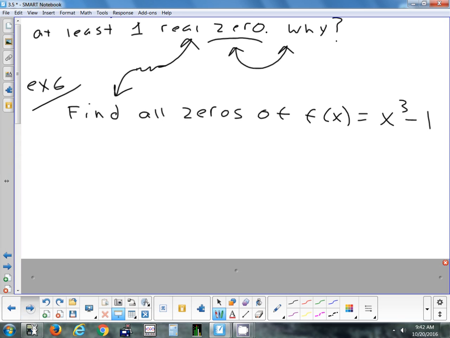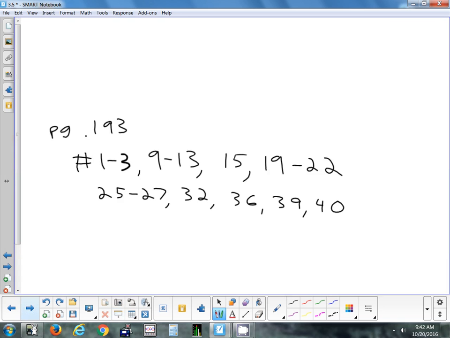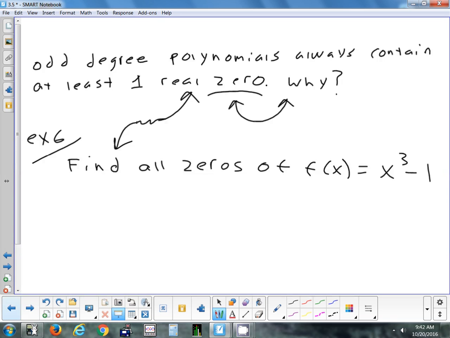All right, so let's try to find, we have a couple left, the roots of this equation. 0 equals x cubed minus 1. Now, why can't I just use the quadratic formula on this and get the answers? It's cubed. It's not a quadratic.